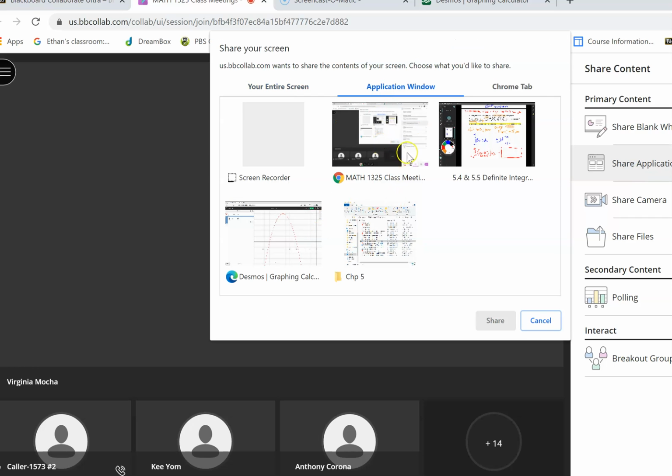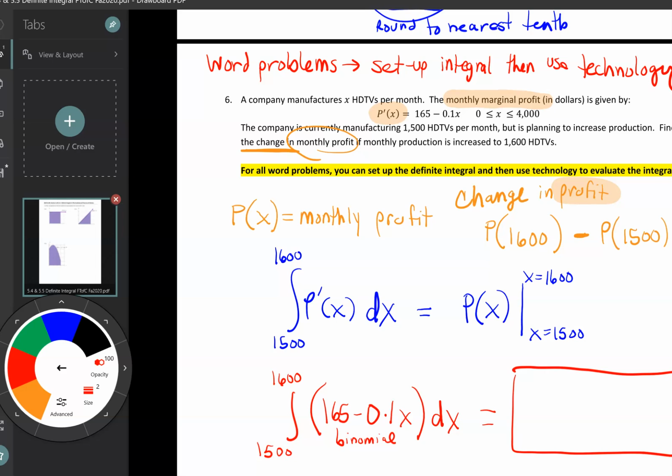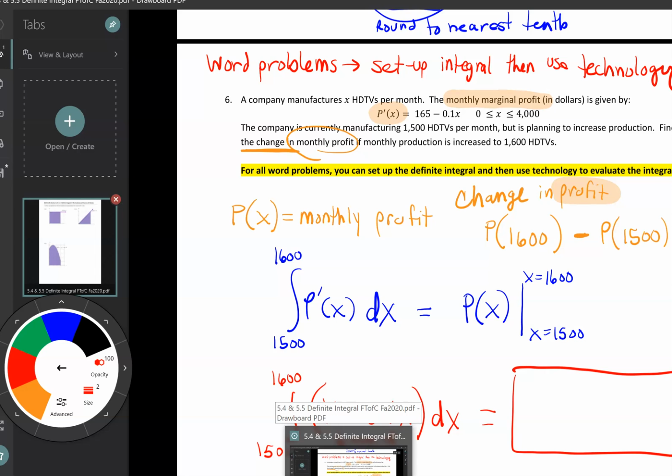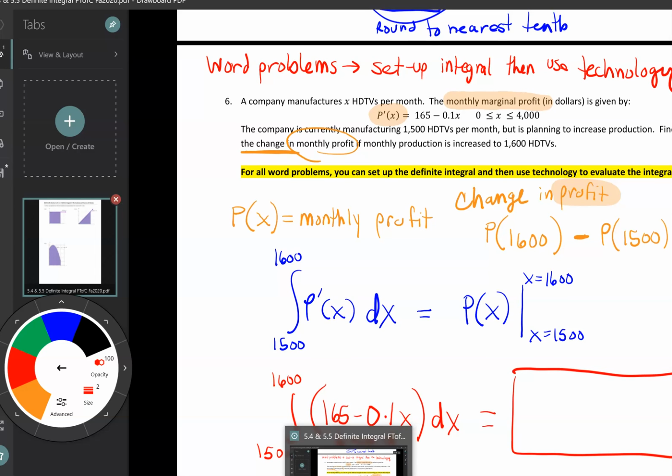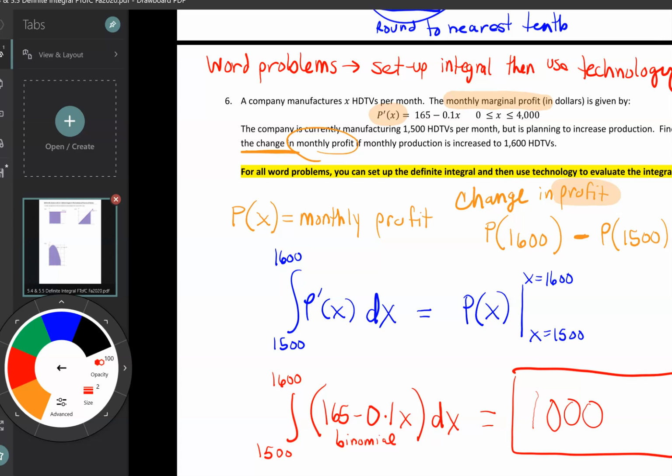Here we go. So I'd write in 1,000. Okay, and then find the monthly change in profit. So what was my output? Remember, this is an output. The profit was just in normal dollars.